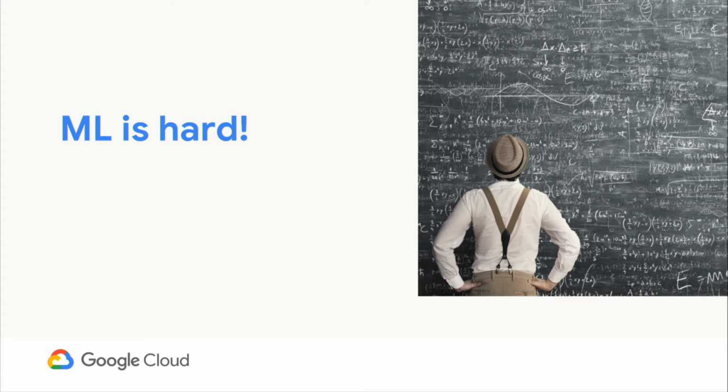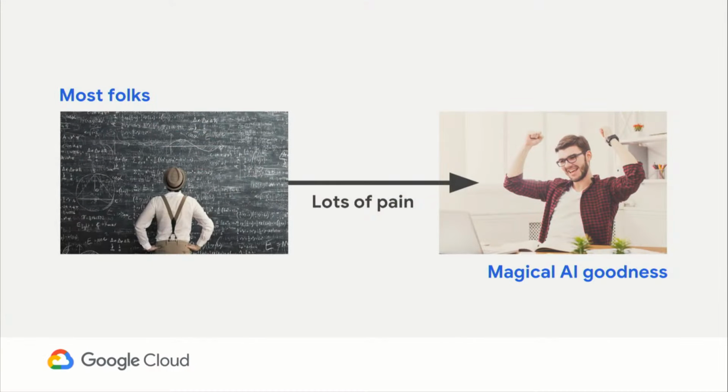Unfortunately, machine learning is very hard. And it's not just because I'm terrible at math. It is because this is the reality of machine learning. On one side, you have that magical AI goodness, which is so easy to see, where the benefits are so powerful. And on the other side, you see where most folks are today. They have old style legacy infrastructure they need to integrate with.